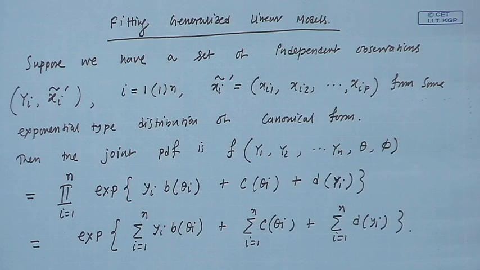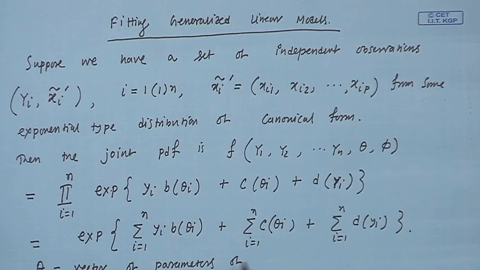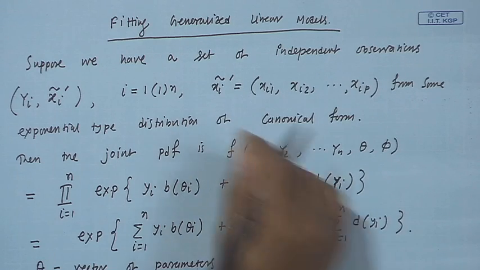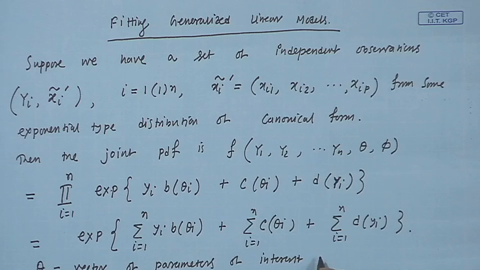And here this theta is a vector of parameters of interest, and this vector is say theta 1, theta 2, up to theta n.